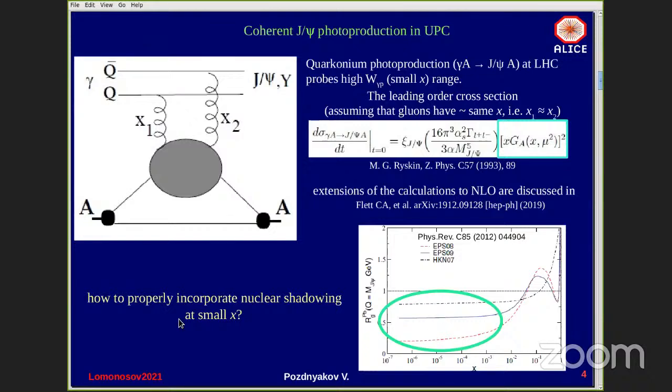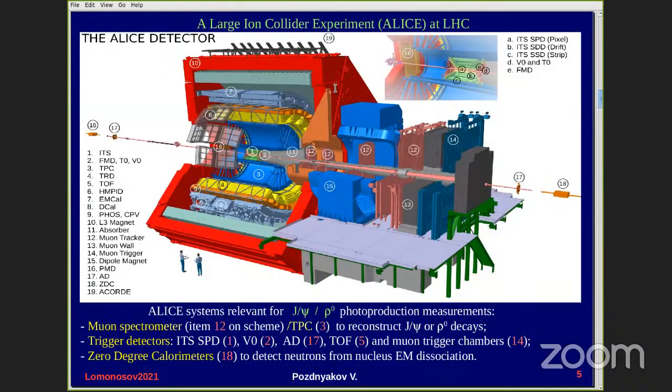So the question is how to incorporate nuclear shading, if there is any, and that is the aim of our study. So we made a job with the ALICE experiment, and for this study we need barrel detectors, the inner tracking system and TPC to detect and reconstruct particles in the barrel, and the muon arm to reconstruct J/psi.